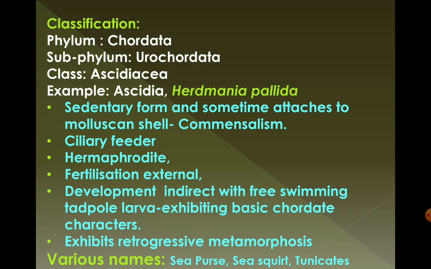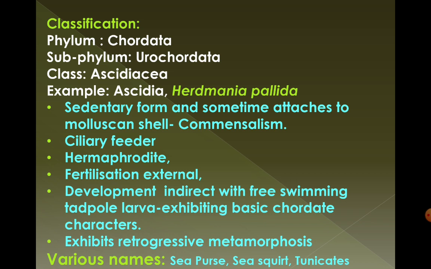It is also called a tunicate because the body wall of this Herdmania, the matrix of this body wall, is made up of a substance called tunicin, and because of this tunicin it is called a tunicate.